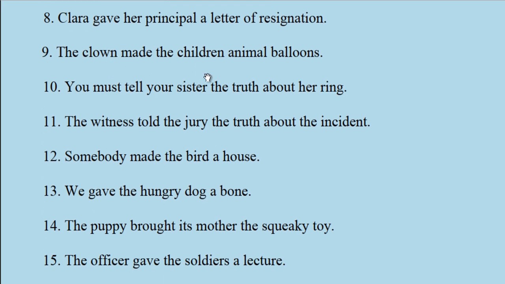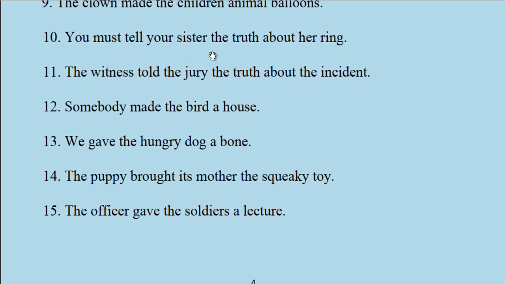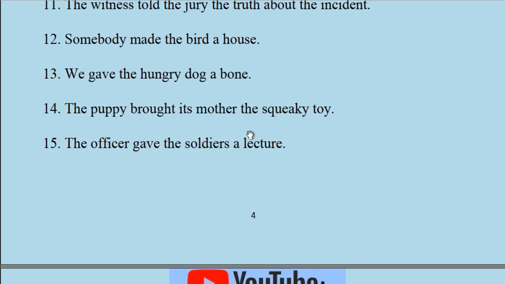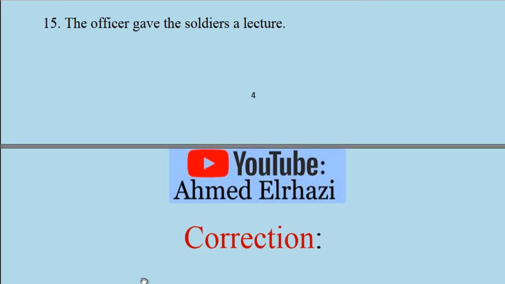The clown made the children animal balloons. You must tell your sister the truth about her ring. The witness told the jury the truth about the incident. Somebody made the bird a house. We gave the hungry dog a bone. The puppy brought its mother the squeaky toy. The officer gave the soldiers a lecture. Please try to answer the question before moving to the correction.